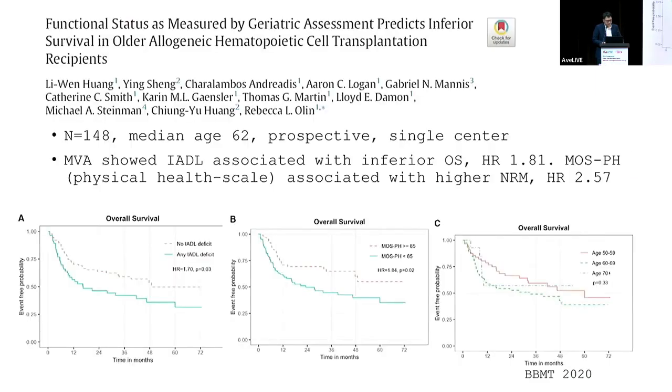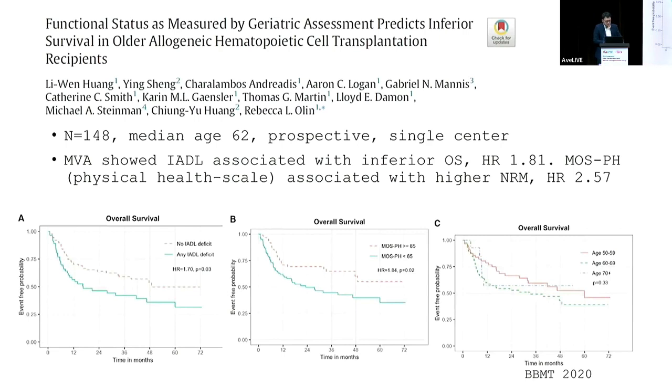This is another prospective study done in UCSF, and the same thing stands out as highly predictive of overall survival. The instrumental ADL deficit is associated with worse outcome, and they have a physical health skill assessment predicting higher non-relapse mortality.